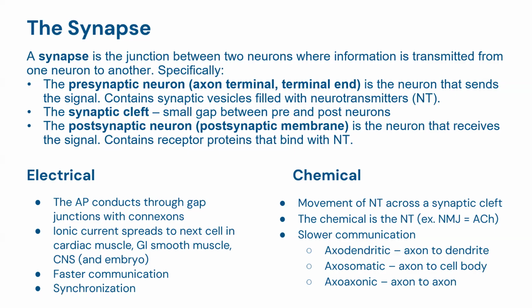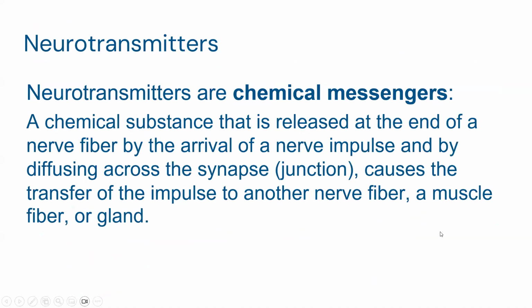Our chemical, which we talked about with neurotransmitters, occurs across the synaptic cleft. So this is more of a chemical example, and this is a bit slower. And we can name this based on where we're going: axon to dendrite, axon to cell body, or axon to axon. So we just said this, a neurotransmitter is the chemical messenger of our nervous system.